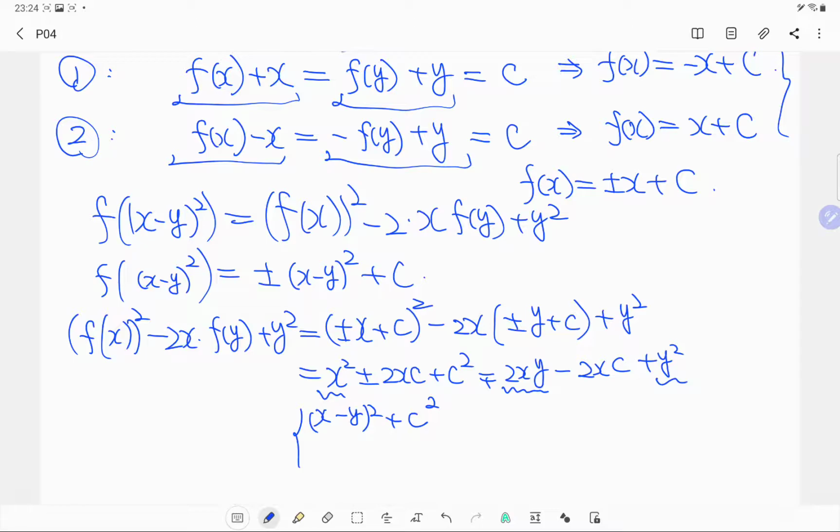And for the bottom case, we have x plus y squared, and then minus 4xc plus c squared. So for the bottom case, this should be rejected.